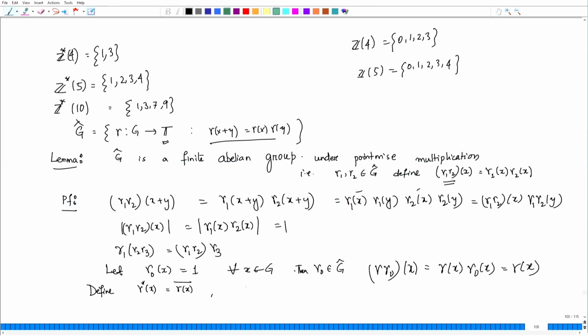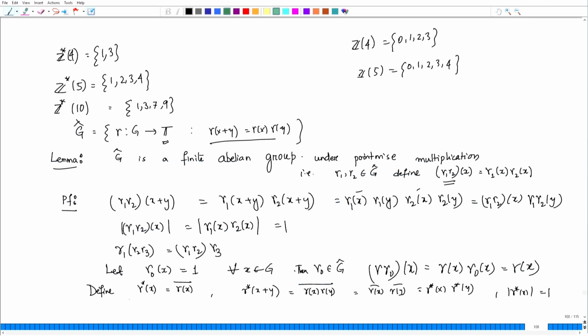Now, clearly gamma star of x plus y is equal to gamma x gamma y bar, which is equal to gamma x bar gamma y bar, which is equal to gamma star of x gamma star of y, and now the modulus is 1 of course.